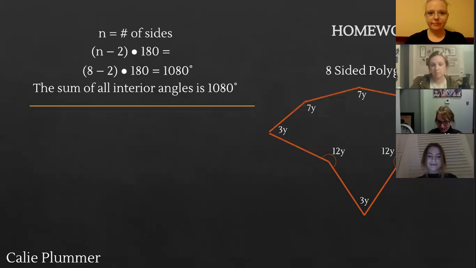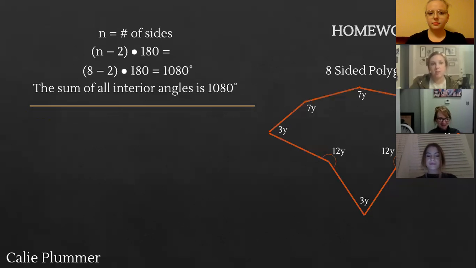All right, Callie. In homework number 20, how do you find the sum of all the interior angles? So in order to use the formula to find the sum of the interior angles, you would have to find what n represents. And n represents the number of sides of the polygon of the angles that you're trying to find. So in this case, n would be 8 because it's an 8-sided polygon.